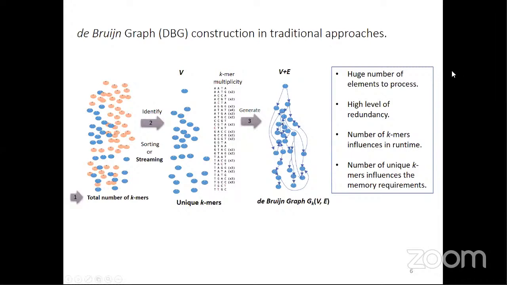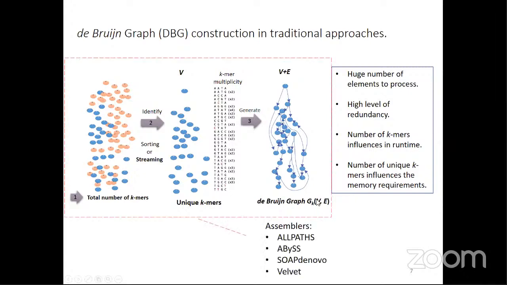This process is characterized by a huge number of elements to process and a high level of redundancy. The computational requirement for the Bruijn graph construction depends on K-mer processing and a particular K. The number of K-mers significantly affects the execution time, while the number of unique K-mers significantly impacts the amount of main memory required.